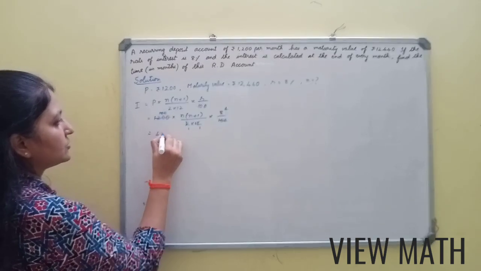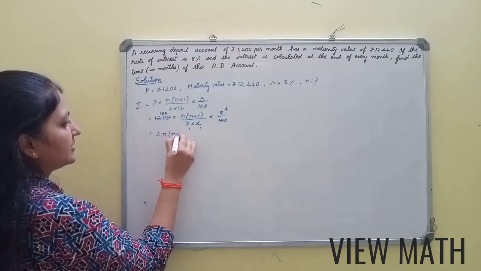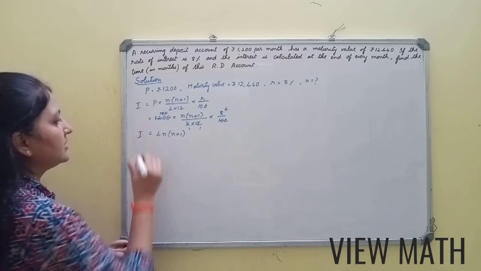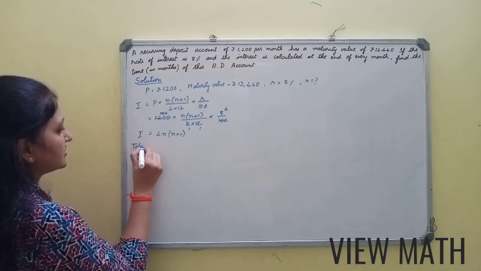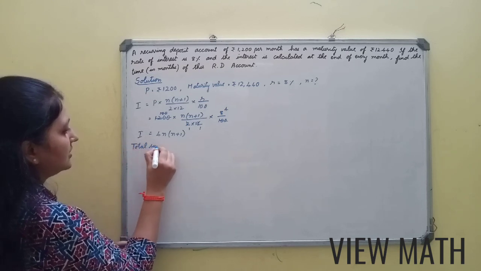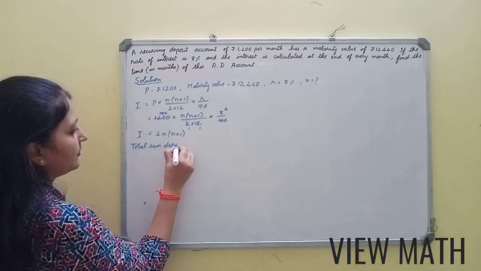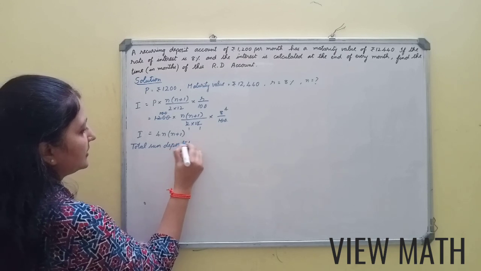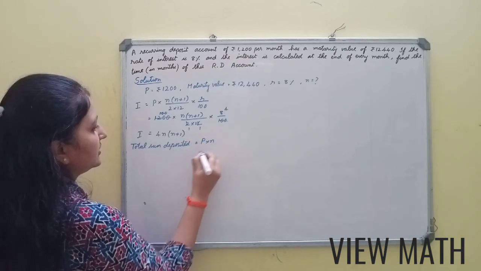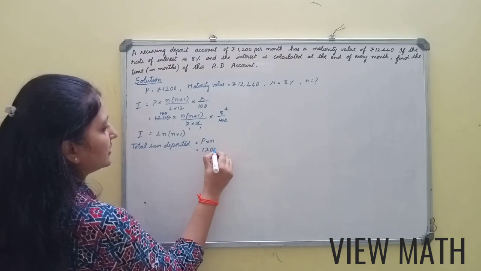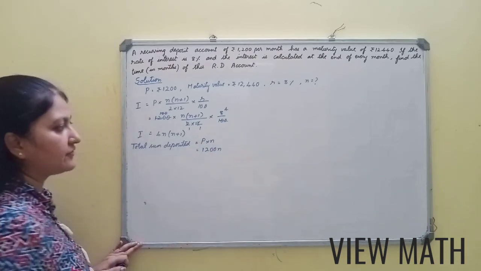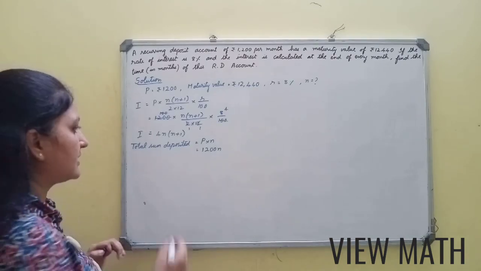So you get 4 into N plus 1. This is your interest. Next, total sum deposited is equal to P into N, which is equal to P is 1200 N. N we have to find out, so let me keep it as it is.